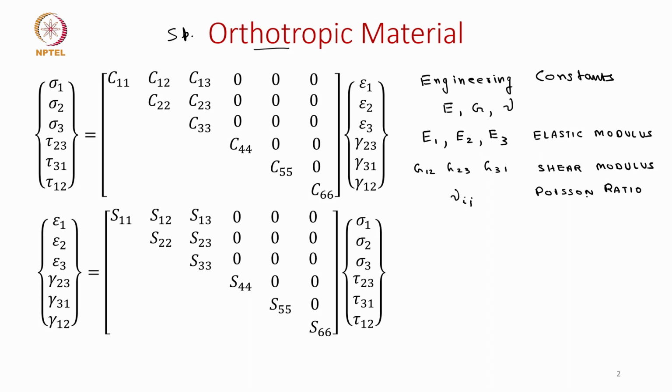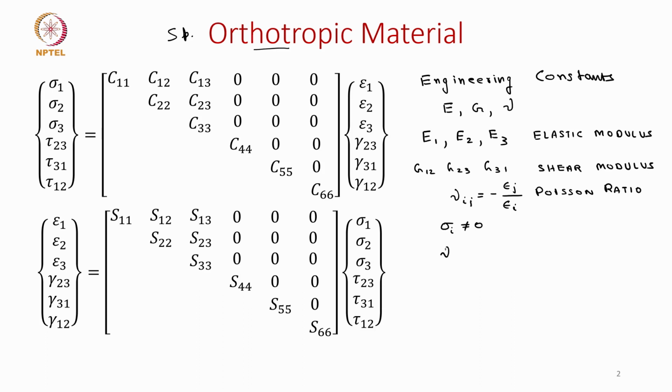Here we need to be clear about the definition of the Poisson ratio. We say that nu ij is the negative of epsilon j by epsilon i, where we assume that the loading is in the i direction. So if you are loading in the ith direction, then the ratio of the strain in the jth direction to the strain in the i direction is given by the Poisson ratio nu ij.